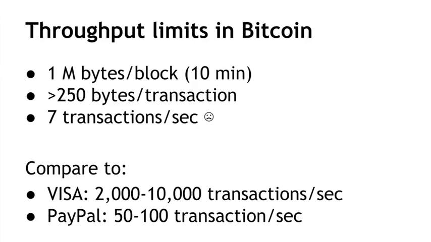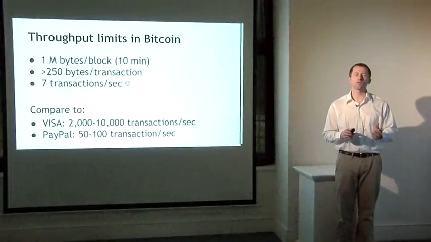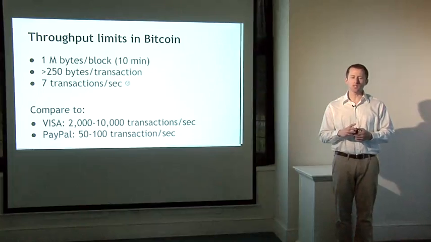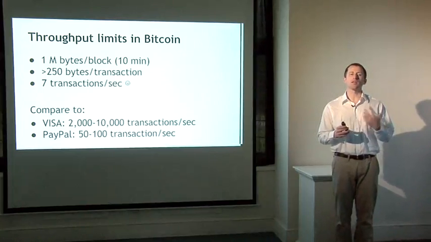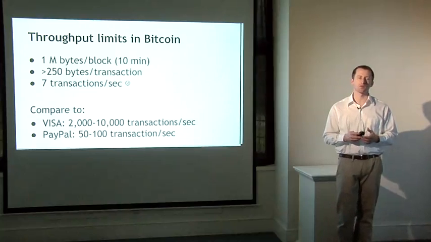Well, if you went down to the offices of Visa and told them, I'm proposing a new payment system that can handle 7 transactions per second, they would probably tell you, that's terrible, and then they would laugh and throw you out the door. They've been working for a long time to build a payment network that goes way bigger than this. So it's said that Visa handles on average about 2,000 transactions per second around the world.